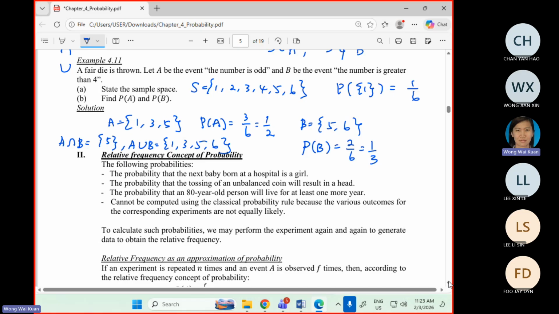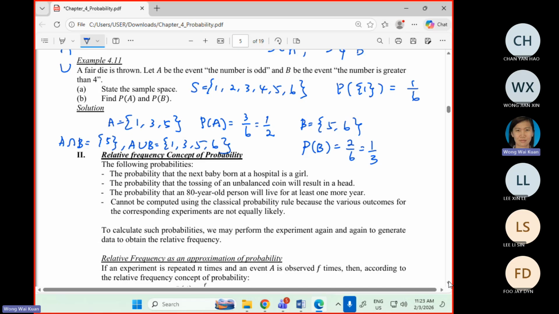So that's why we always need to know this. We want to know whether he will live for another year. So we cannot use a classical rule to find the probability. So how can we do that?